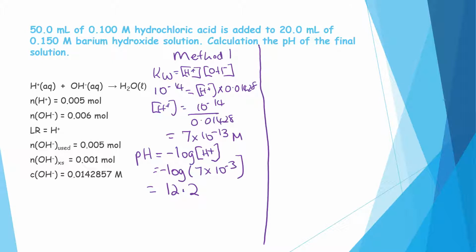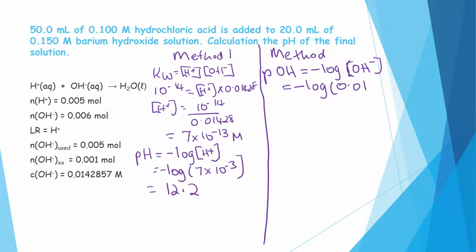Now the alternative method is to find the pOH. So pOH is equal to negative log of hydroxide ion concentration, which equals negative log of 0.0142857, which comes out to be 1.84.